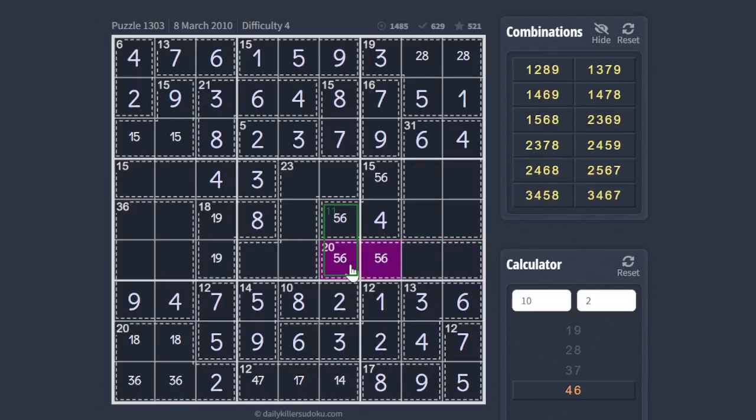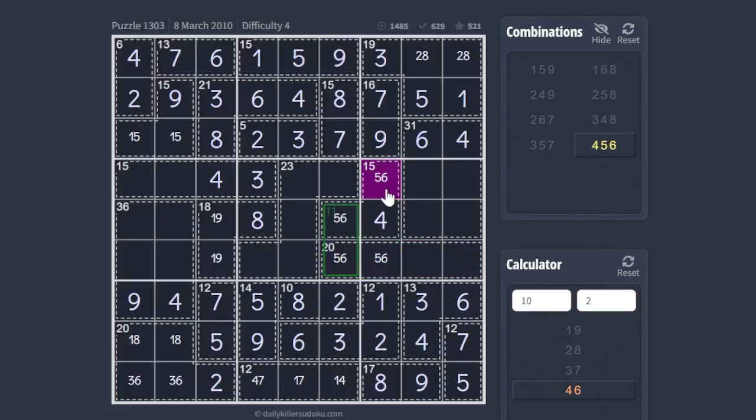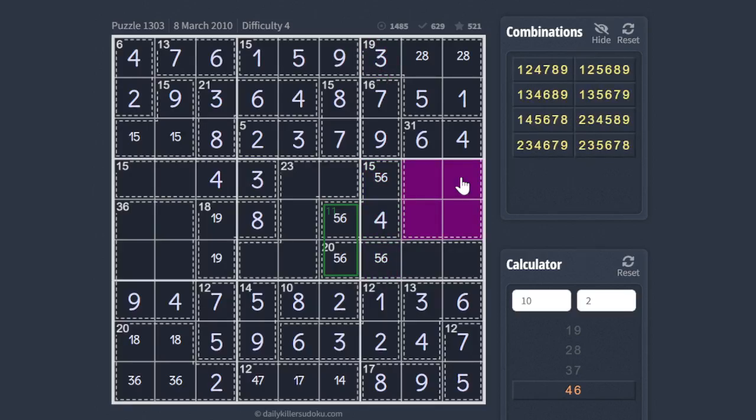So the pair of a 3 is not here. And we know there's not a 3 here because these are known and they've got one in the column. So the 3 must be here.